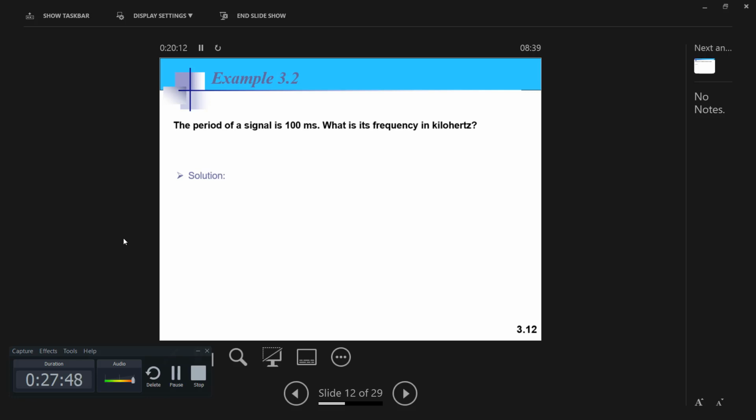So take care, we have two changes for the units. First we need to change the 100 milliseconds to seconds, then calculate the frequency in hertz, then convert the hertz to kilohertz. All of this needs to be in your head, done in half a minute for the quiz. This question in the quiz should be solved in half a minute.